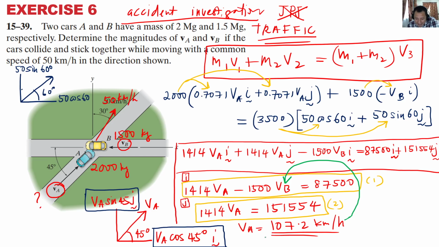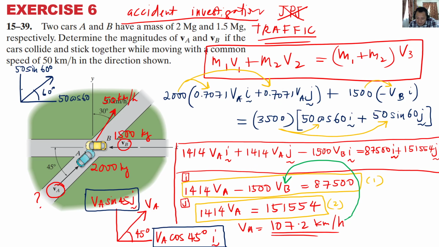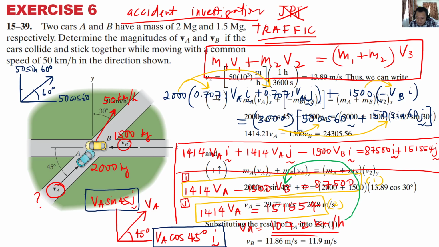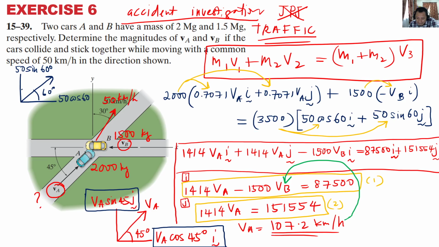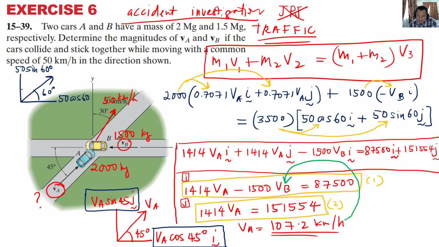It can't be 175. Let's check the answer. VA is 107.2, divided by 3.6 is 29.77, so 29.8.